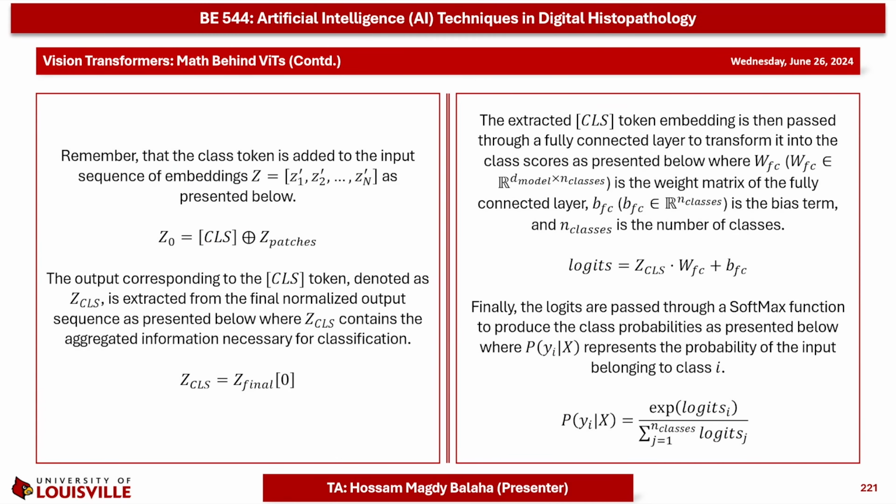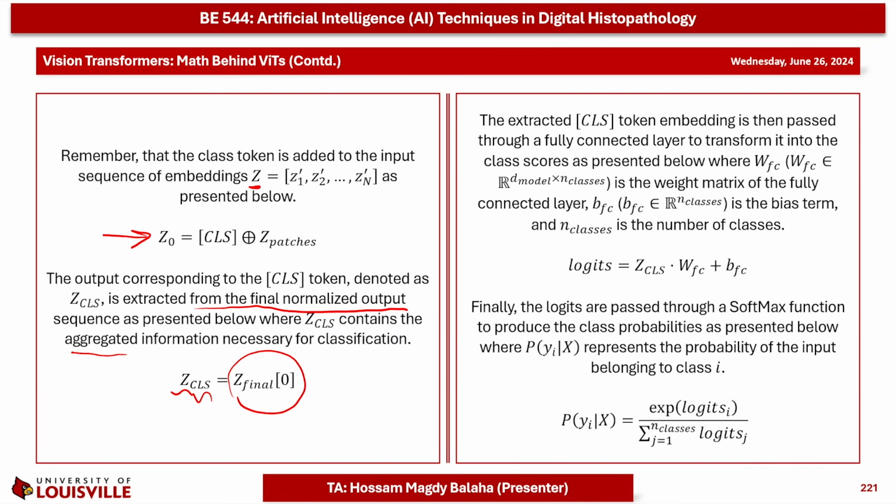So remember that the class token is added initially, or prepended, to the sequence of embeddings Z as presented here. And after the encoding, we need to extract it. So the CLS token is extracted from the final normalized output from the beginning, because initially we prepended it to the sequence of embeddings. So ZCLS will contain the aggregated information necessary for the classification.